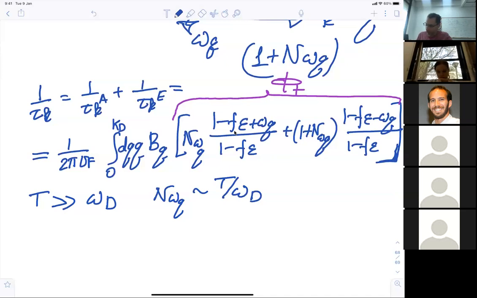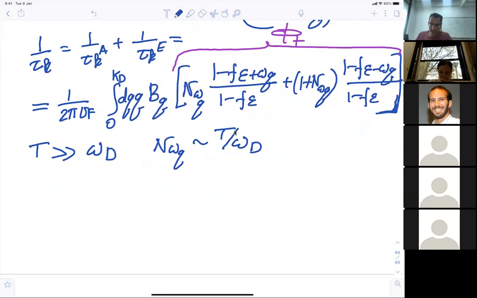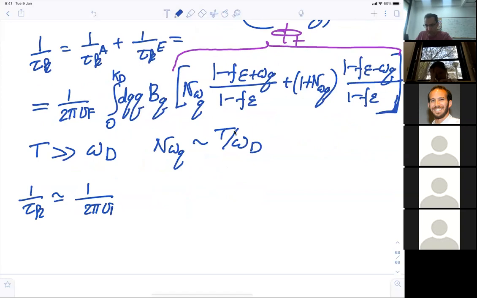Then I'm replacing n by temperature over omega Debye, and 1 over tau k is equal to 1 over 2 pi v Fermi, integral from 0 to k Debye dq times q times b of q.